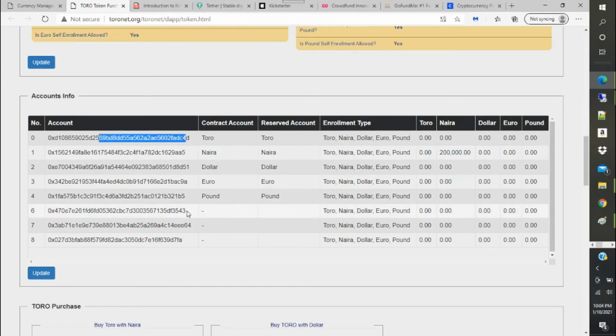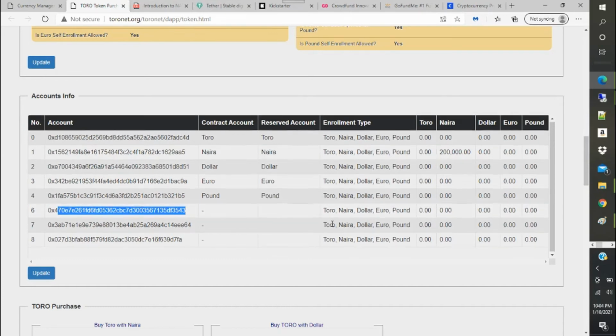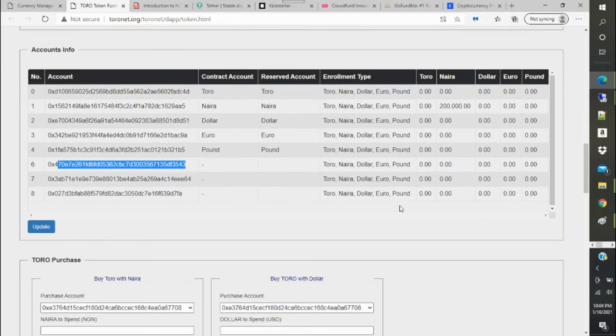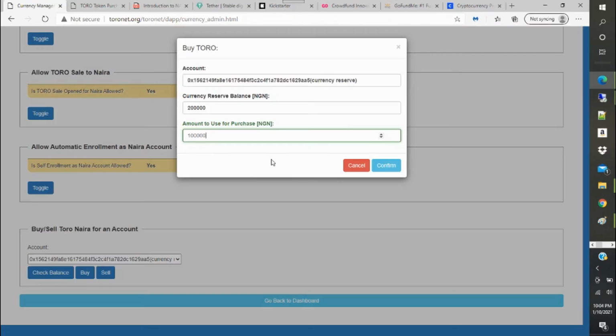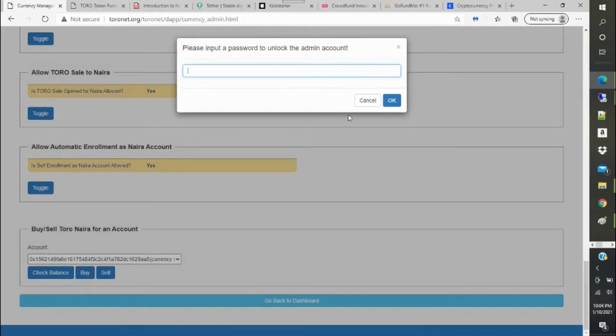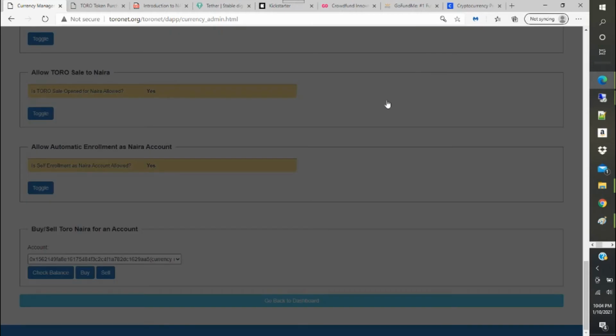Ordinary users can have any of these assets as part of their wallet. Okay, so this is all that we have, and so now we will convert that 100,000 Naira in the reserve to Toros, and let's complete that. In about 2 seconds we should have that confirmed.